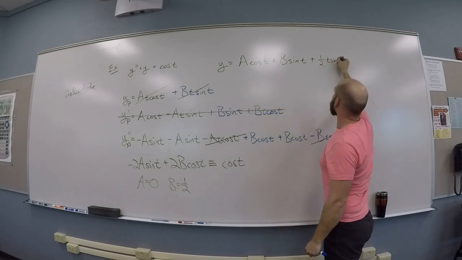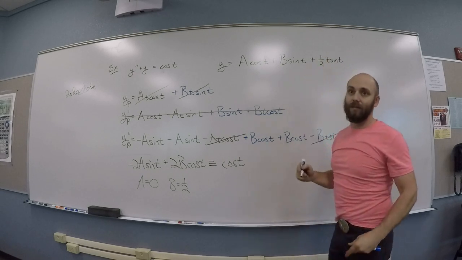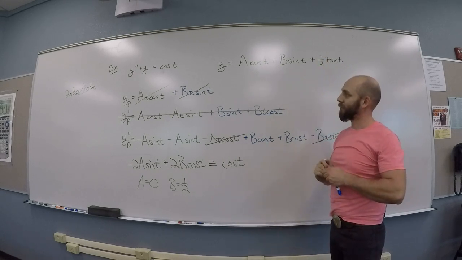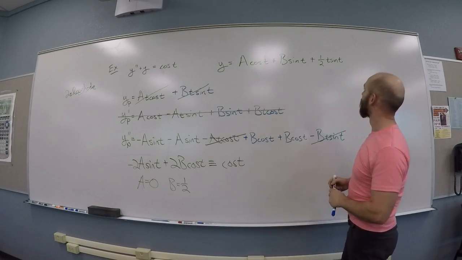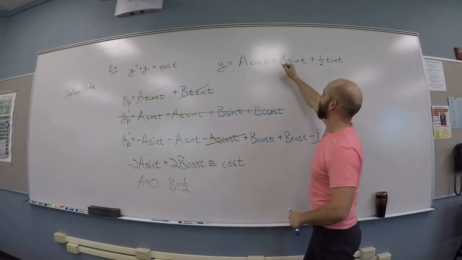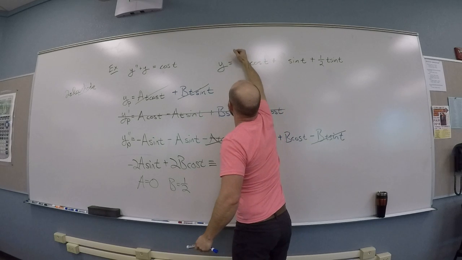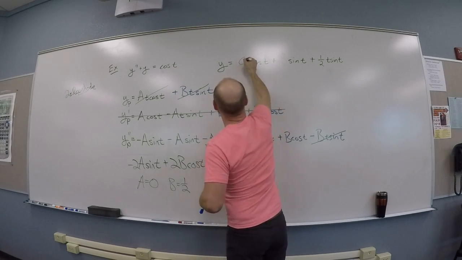Oh, I see. Is there no t with the a then? Why did we leave a, is that 0? But we still have cosine there though.